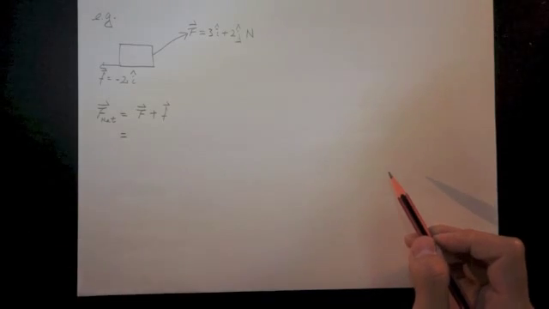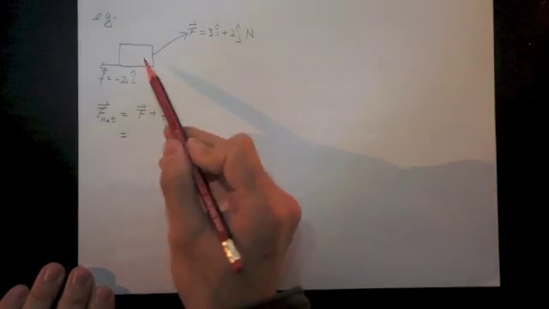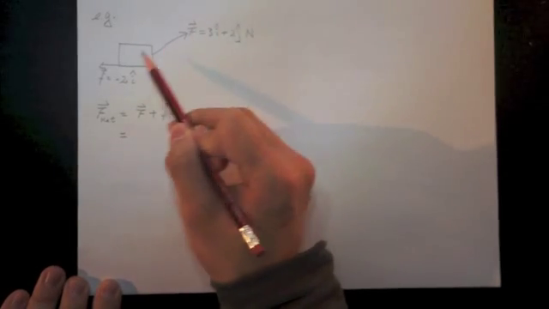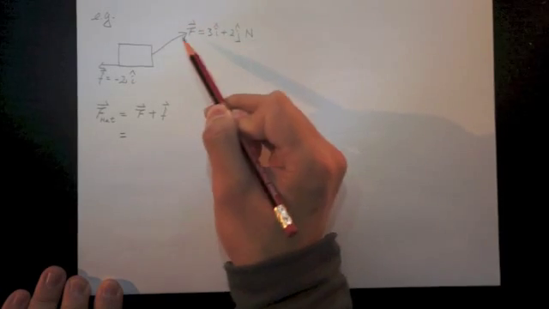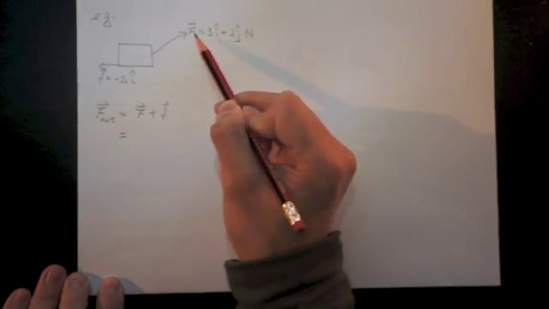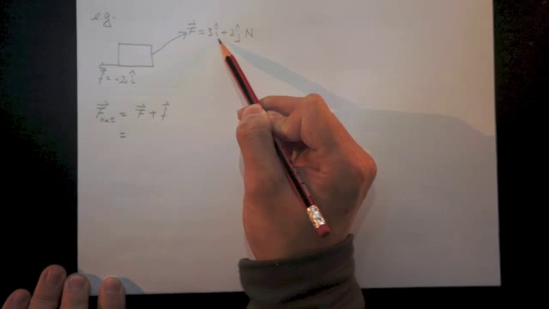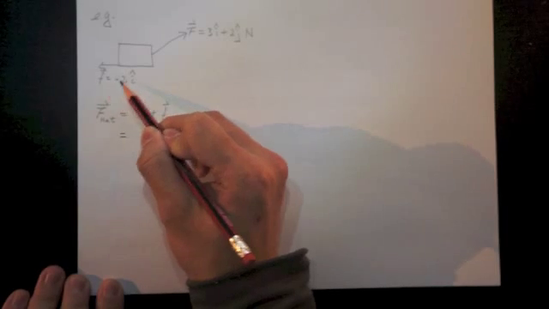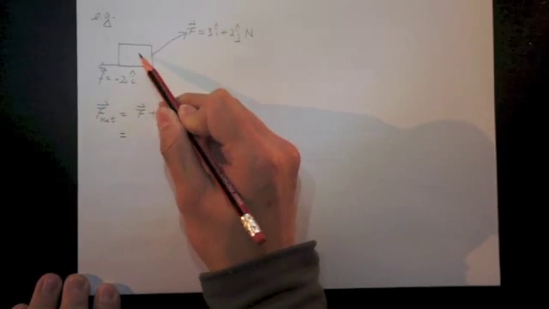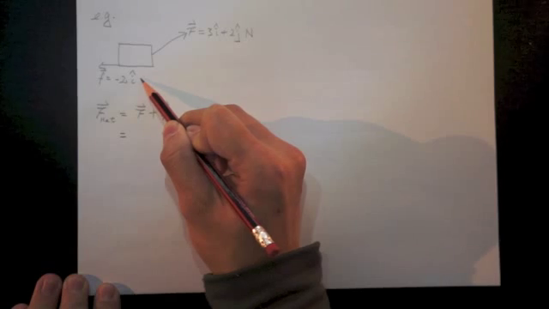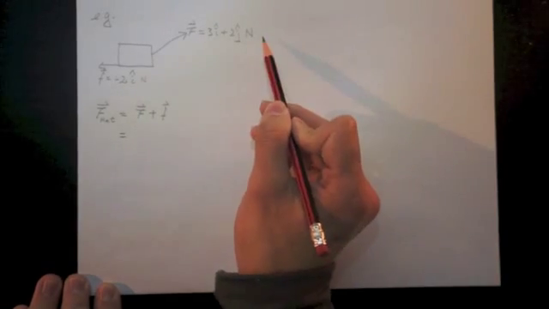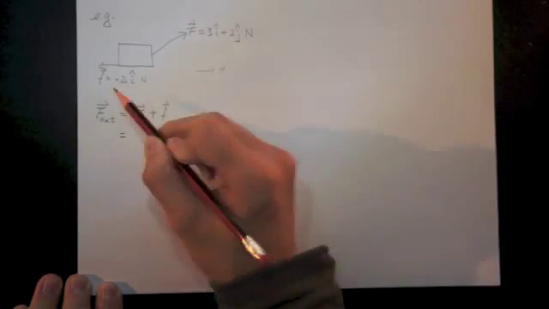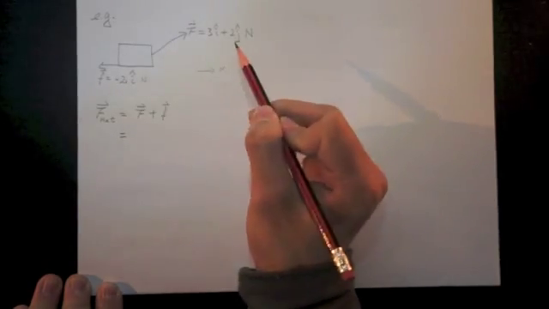For example, consider a box. We have a force added on this box, F equals 3i plus 2j Newton. And here we have a frictional force added on this box too. It is minus 2i Newton. The plus sign means positive x direction, and the minus sign means negative x direction.